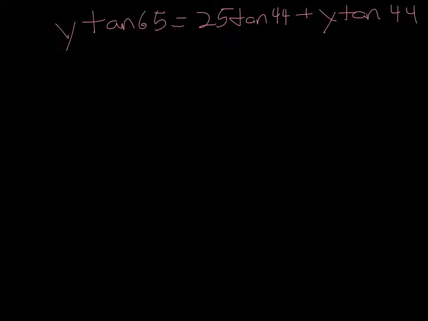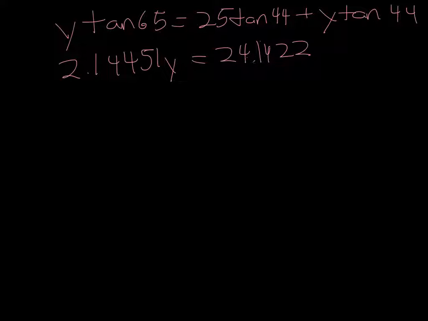So I typed in the calculator tangent of 65, and I'm going to pull out 2.14451y. 25 tan 44 has a value of about 24.1422. And tangent of 44 here is going to be 0.96569y. Can't see that y real well.